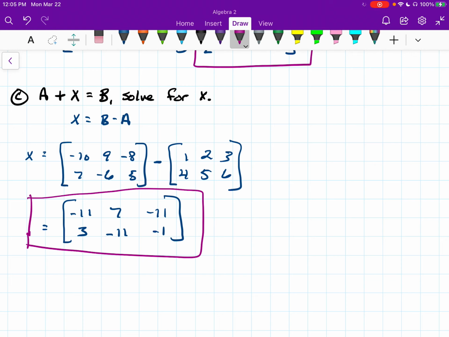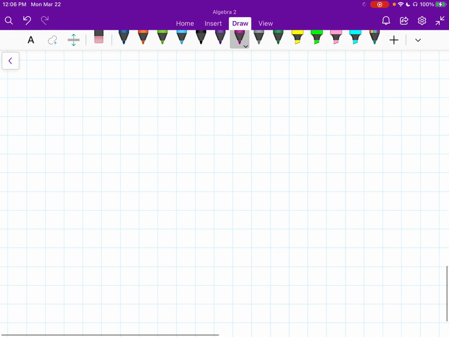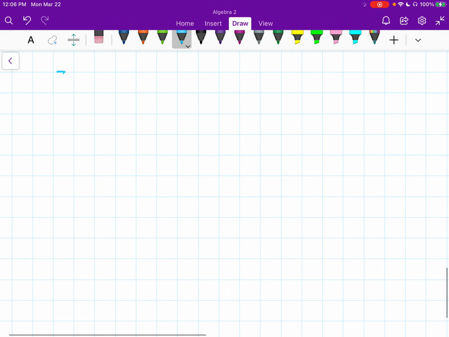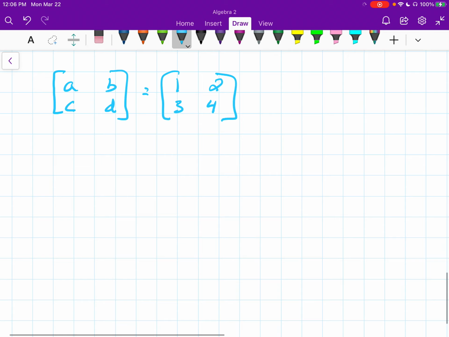So let me take a look at the homework and see if there's anything extra you need to know. The only last thing I'm going to do is, if I have a matrix with A, B, C, D equals 1, 2, 3, and 4, and it tells you to solve for A, B, C, and D, you'd know that A is 1, B is 2, C is 3, and D is 4, right?